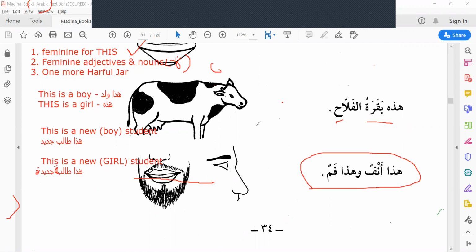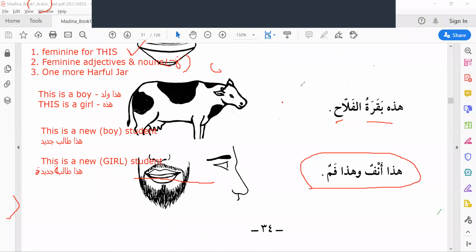Here we have to learn one more thing. In body parts, we have nose, eyes, mouth, hand, leg, chest. We have a lot of body parts. Those we find as a pair, we refer to as feminine.